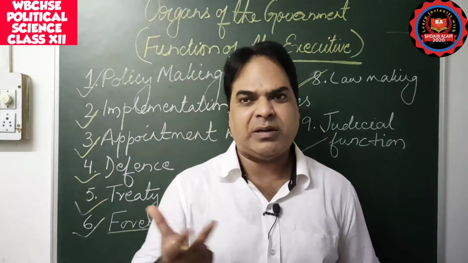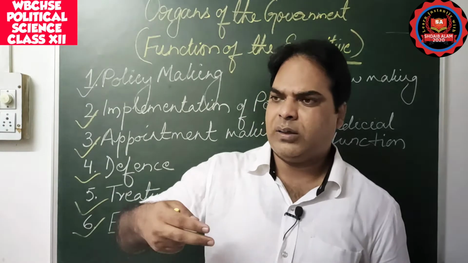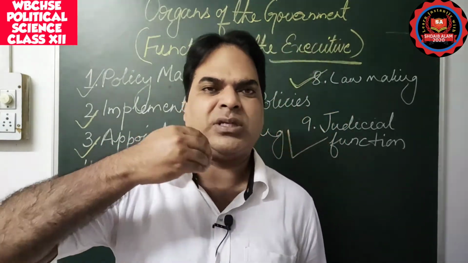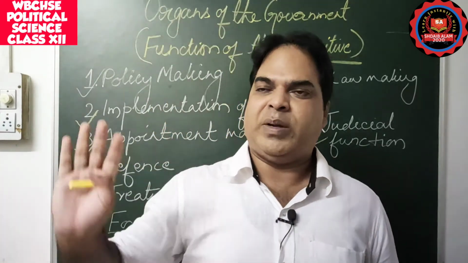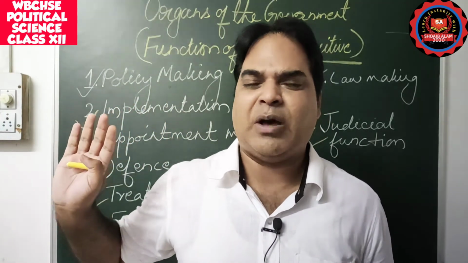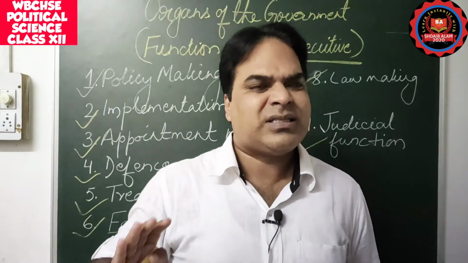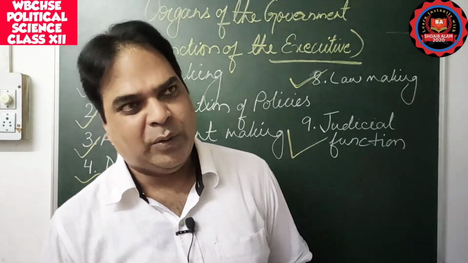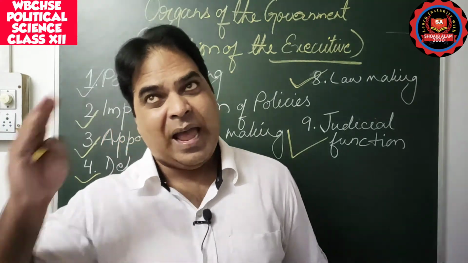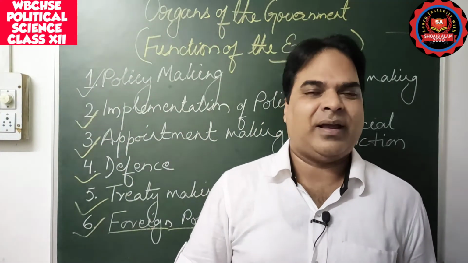What is the meaning of grant pardon? Like the Supreme Court has announced a death sentence to the accused, right? The final decision is that the Supreme Court has pronounced the death sentence. Now still there is a chance that you can request the president, the executive, the head of the country, regarding pardon.